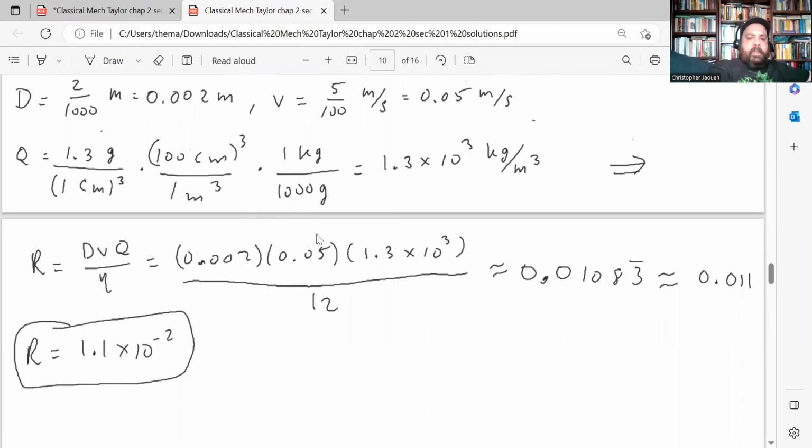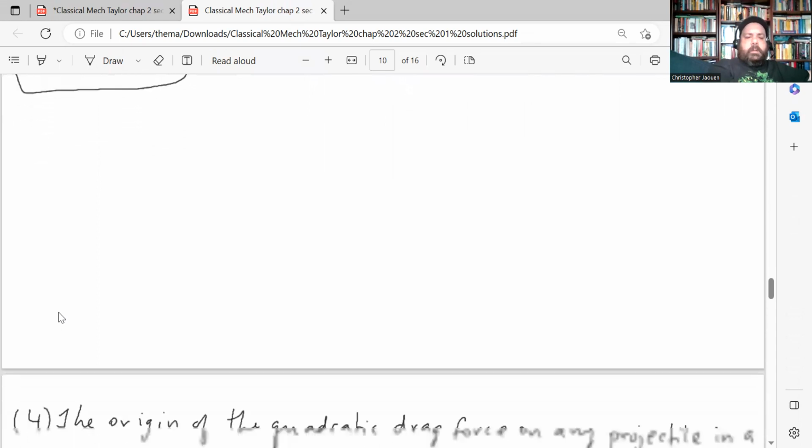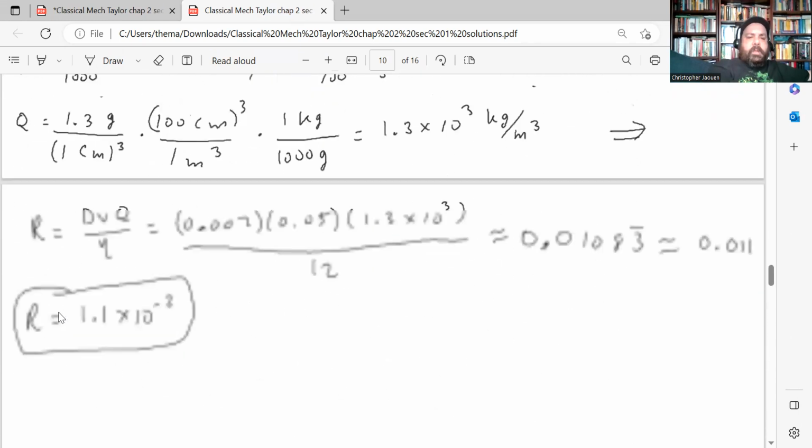Once you have everything, you can figure out what the Reynolds number is. You just plug in the values. In this particular case, you get approximately 0.011, or in other words, 1.1 times 10 to the minus 2. There are no units attached here. The Reynolds number is unitless. Okay, and that's it for question number 3.